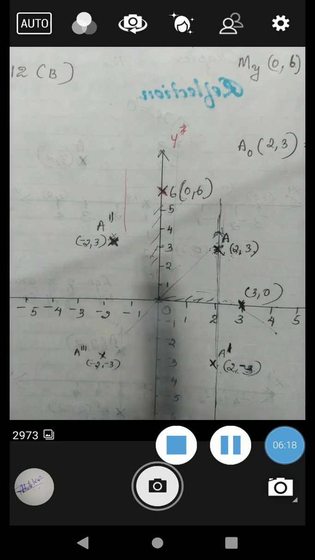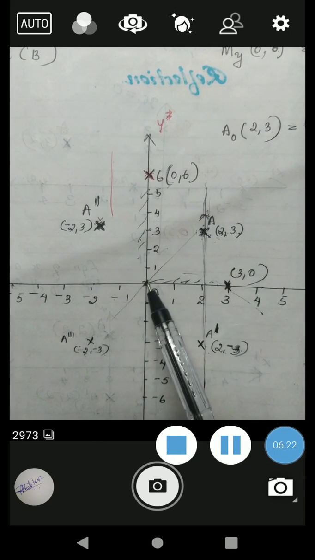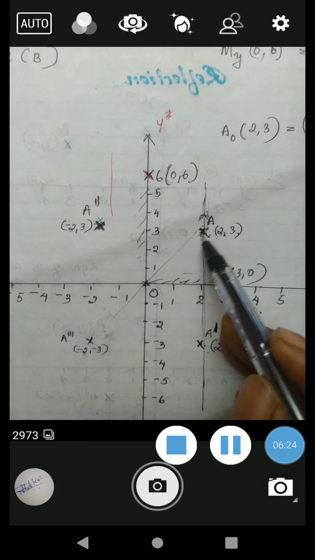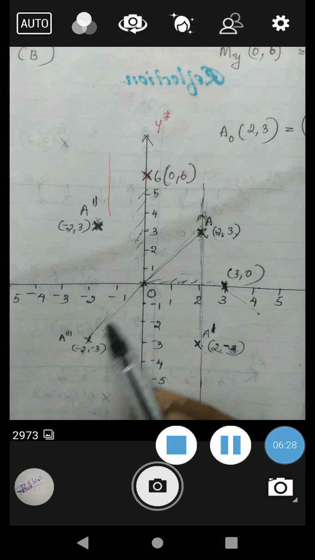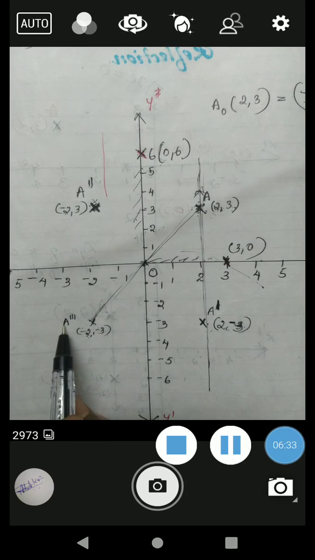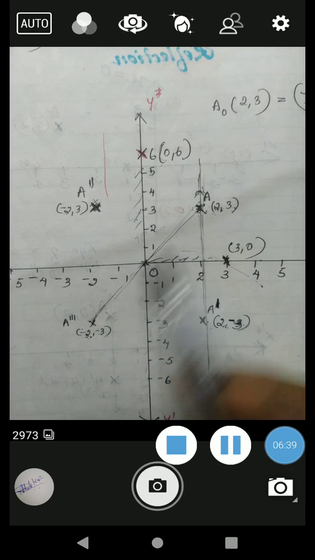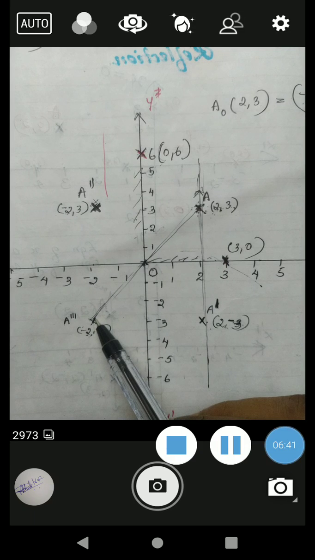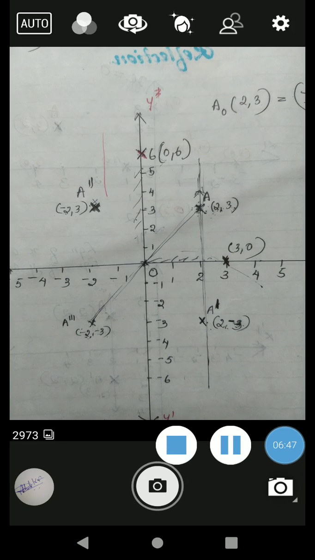Remember that. Now, suppose this A is reflected in the origin, so the image is formed at the same distance from the origin, only here. So now you can see that A3 dash is (-2, -3). So when a point is reflected in the origin, the signs of both its x coordinate and y coordinate change.